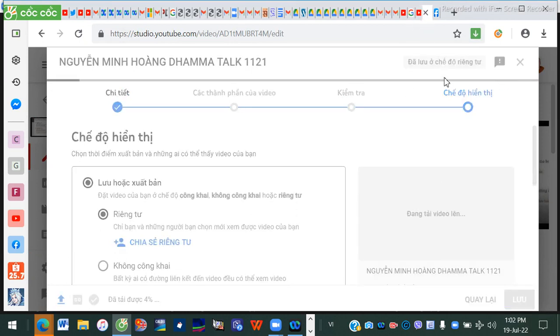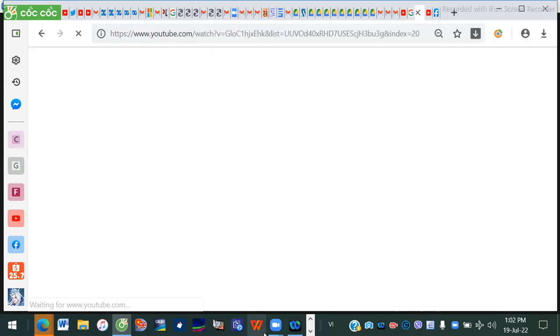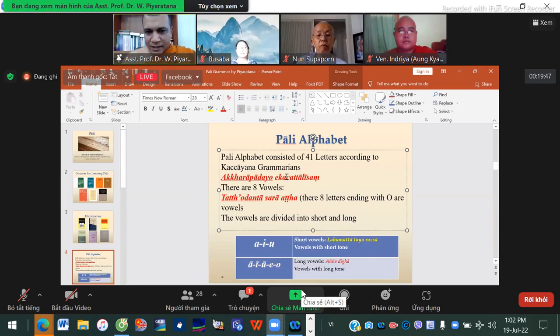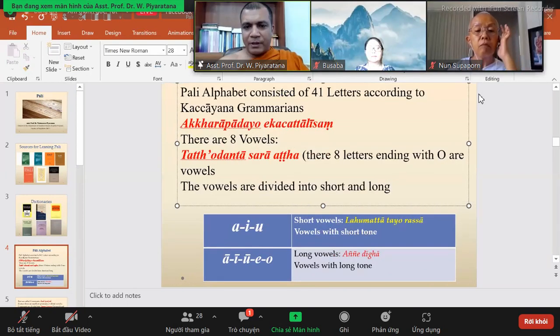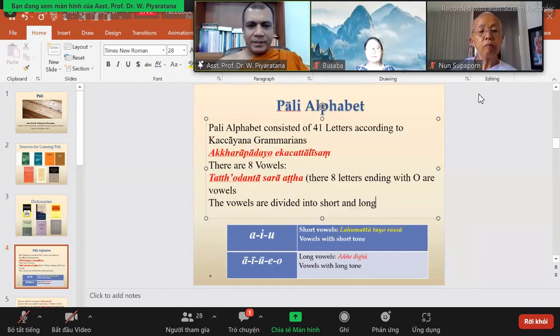So here, akkharapadayo ekacattalisam. Eka means 40. In the Pali alphabet there are 41 letters.